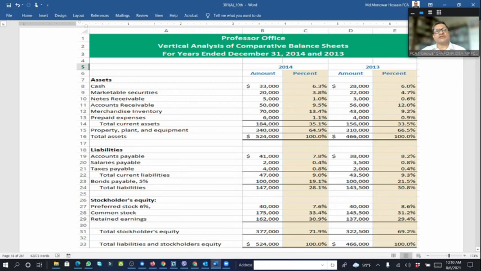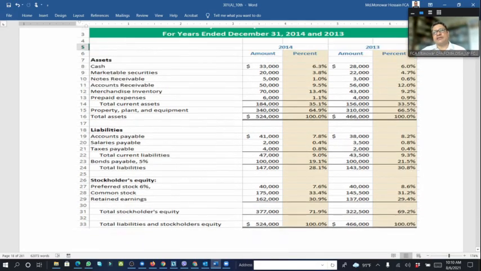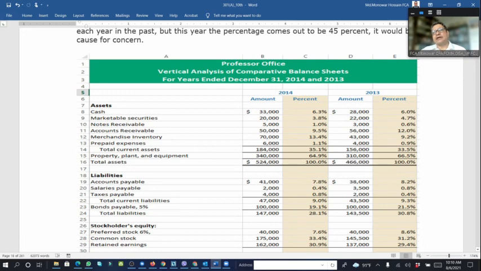What is the percentage of prepaid expense? This way, totally 100% asset, same way 100% liability. And compare here, 13 and 14: 13 is also 100%, 4,66,000 is the 100%. And same way in the year 2014, 5,24,000 is 100%.